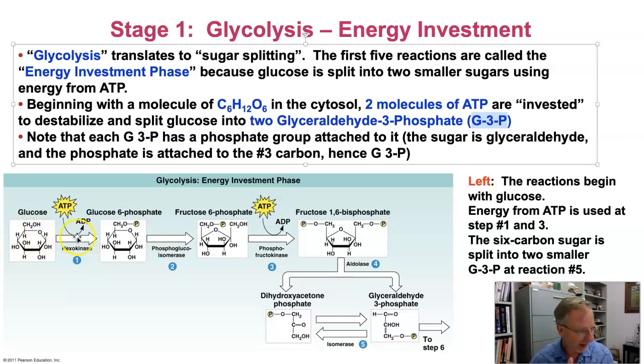Glucose fits into the active site of hexokinase, and so does ATP. And we get a chemical reaction, and out pops glucose 6-phosphate. Then that molecule enters into the next enzyme, which you don't need to know the name of, phosphoglucoisomerase. These enzymes are named after what they're doing.